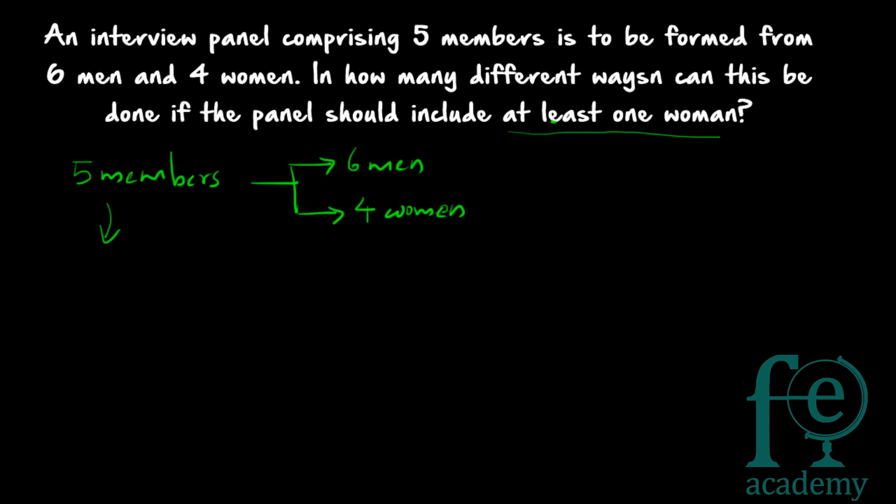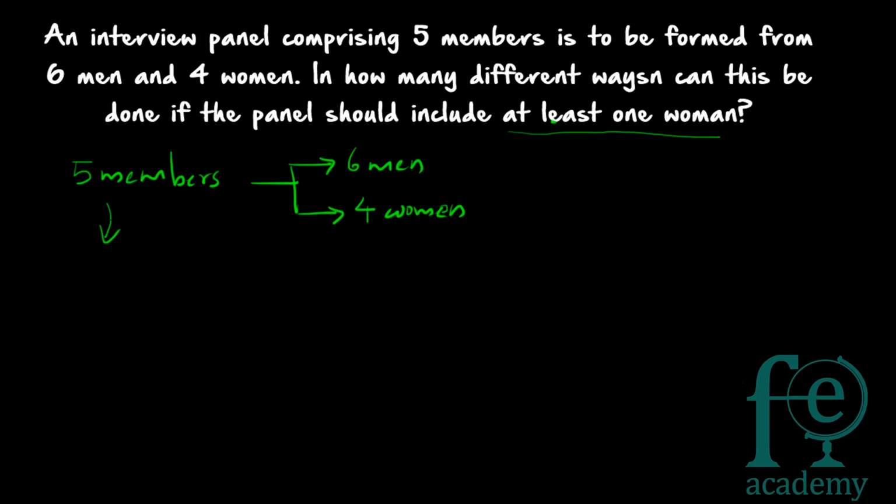When there is no woman selected, how many ways the interview panel can be formed? So the total number of ways minus 0 woman selected. That will be giving you in how many ways at least 1 woman can be selected. So that is the method for doing at least 1 questions.